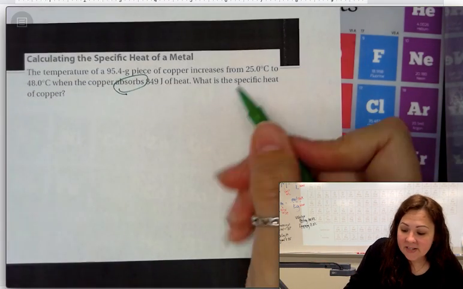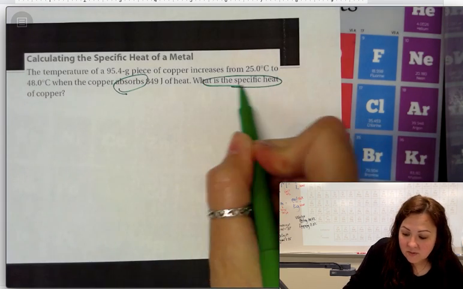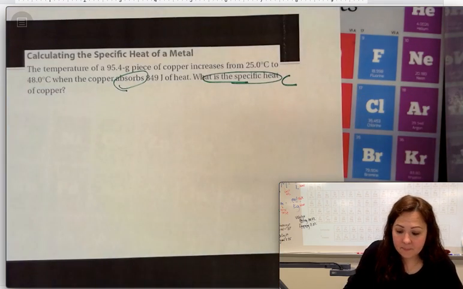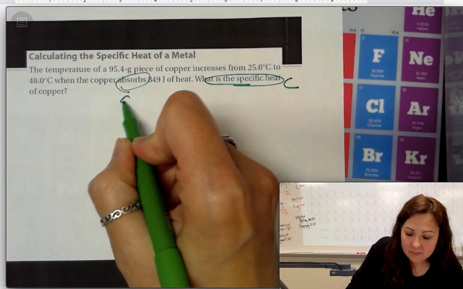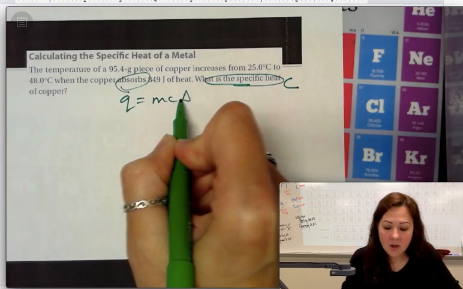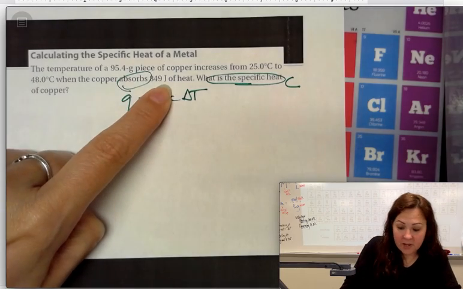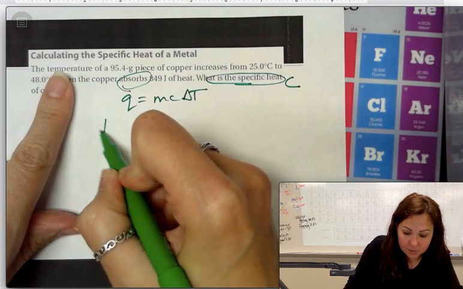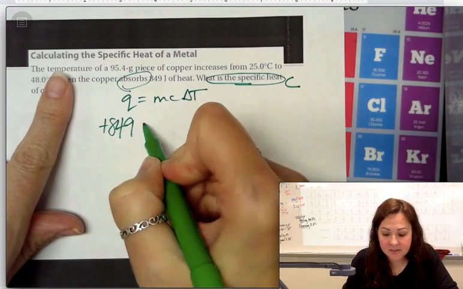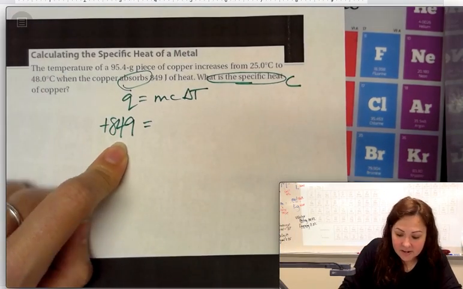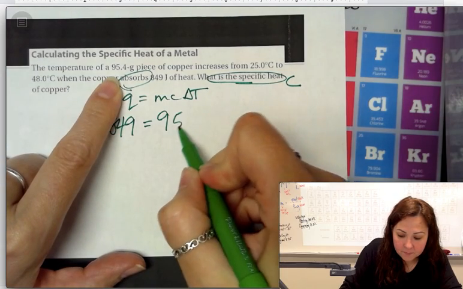So it says, what is the specific heat? So in this, I'm solving for C. So Q is equal to MC delta T. My Q is given, my joules of heat, I'm absorbing 849. So I'm going to put the plus just to remind me that that's plus. My mass is 95.4.